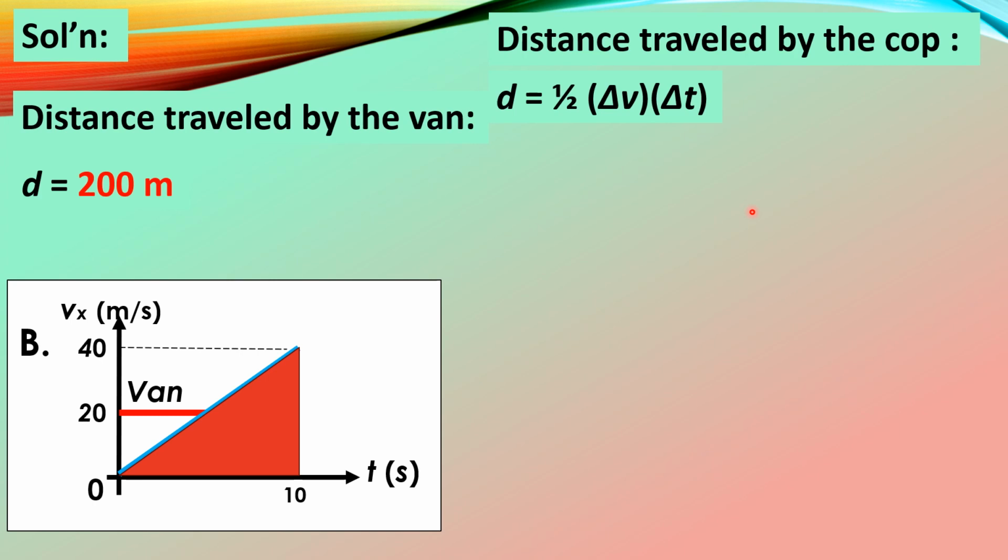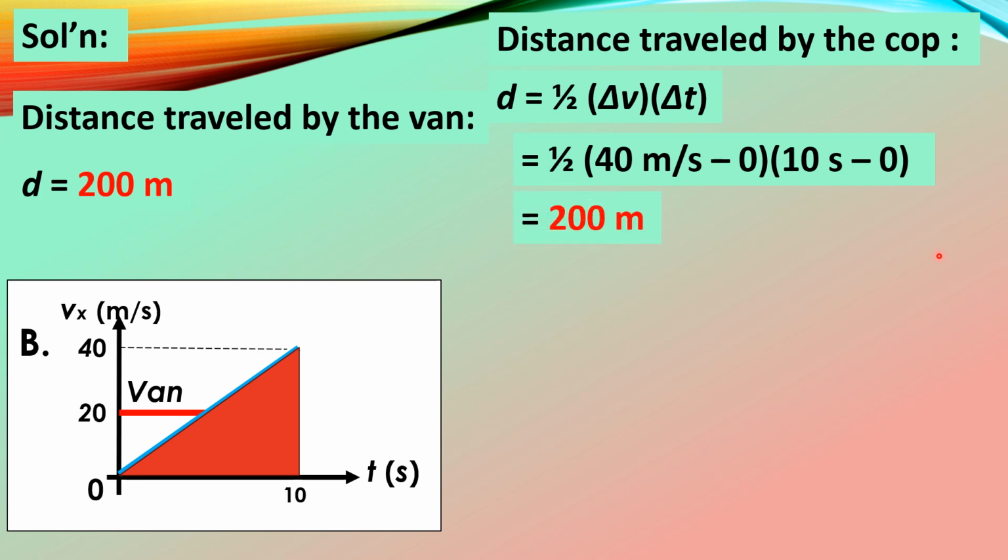So when we substitute in this formula, we have 1/2 multiplied by 40 meters per second minus 0, and multiplied by delta t, which is 10 seconds minus 0. Using our math, we will get the value for the distance traveled by the cop equal to 200 meters.